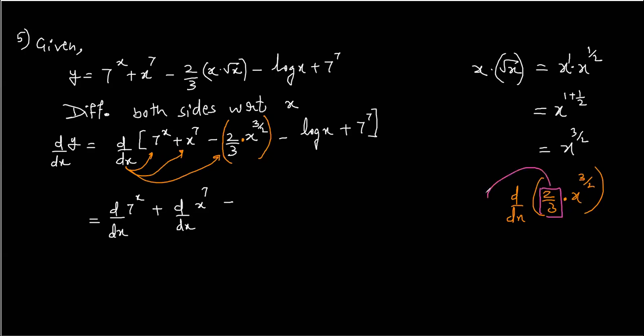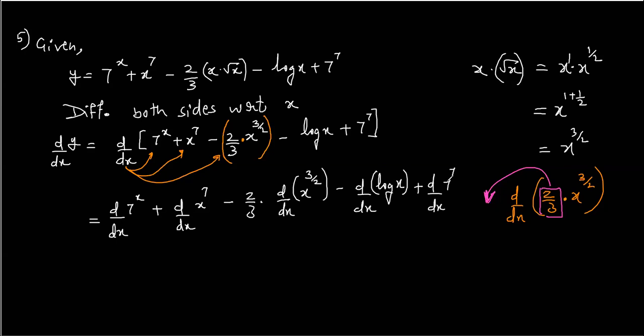So the next step, this 2 upon 3 will come out. So here I get 2 upon 3 out and d by dx of x raised to 3 by 2. Minus d by dx of log of x plus d by dx of 7 raised to 7.